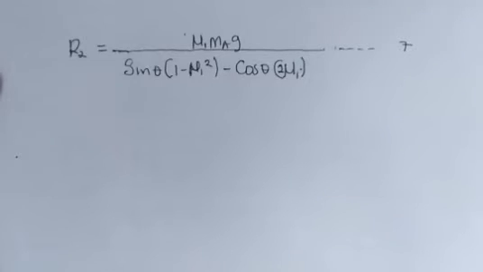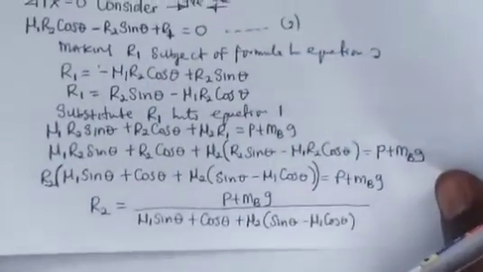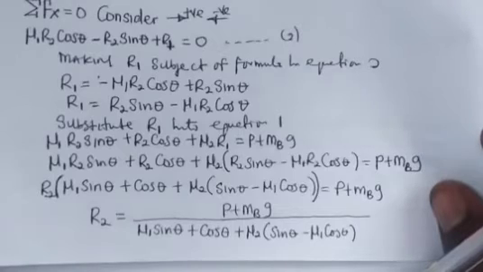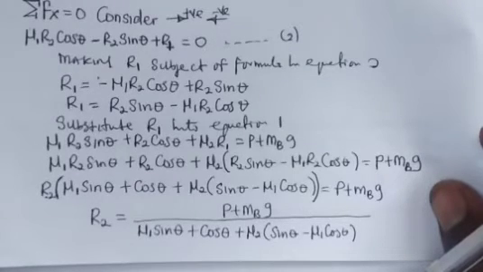You can recall, in the beginning here, R2 is given as P plus the mass of B times gravity over mu1 sin theta plus cos theta plus mu2 sin theta minus mu1 cos theta.